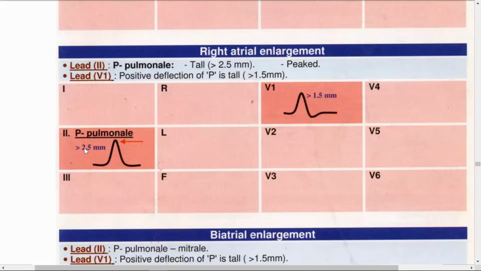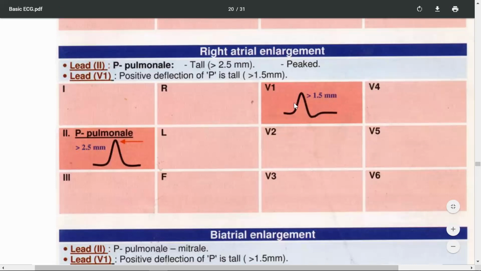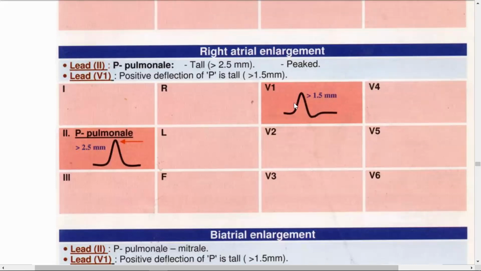The height, maximum 2.5; more than 2.5 is called P pulmonale, because it is mainly increased with any right-sided increased pressure, such as chronic pulmonary hypertension, pulmonary stenosis, and others. This is one sign. The other sign in V1 is that the positive deflection is more than 1.5. So 2.5, 1.5. One sign is also enough.